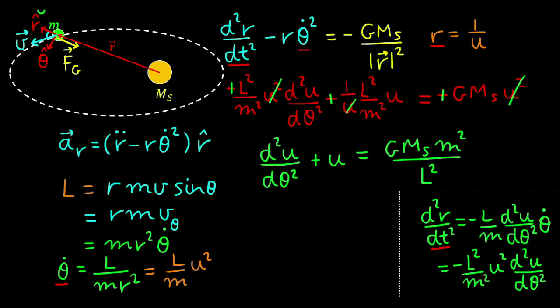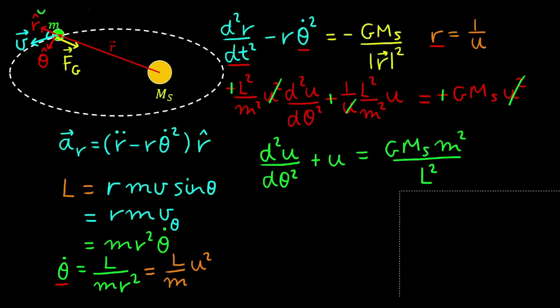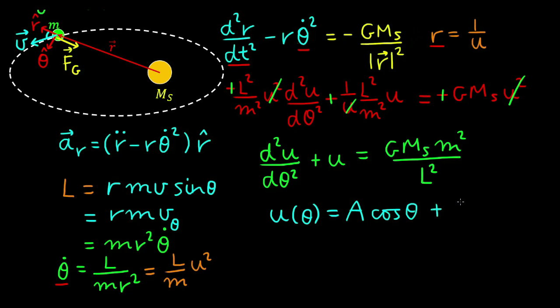So this is a familiar second order differential equation with constant coefficients in a similar form obtained for simple harmonic motion. So the solution is u of theta is equal to a constant times the cosine of theta plus the constant term on the right hand side, which is G M_s times m squared on L squared.